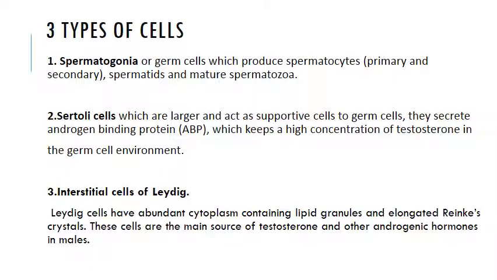They secrete androgen binding protein, which keeps a high concentration of testosterone in the germinal cell environment. The interstitial cells of Leydig, which have abundant cytoplasm containing lipid granules, and these cells are the main source of testosterone and other androgenic hormones in males.